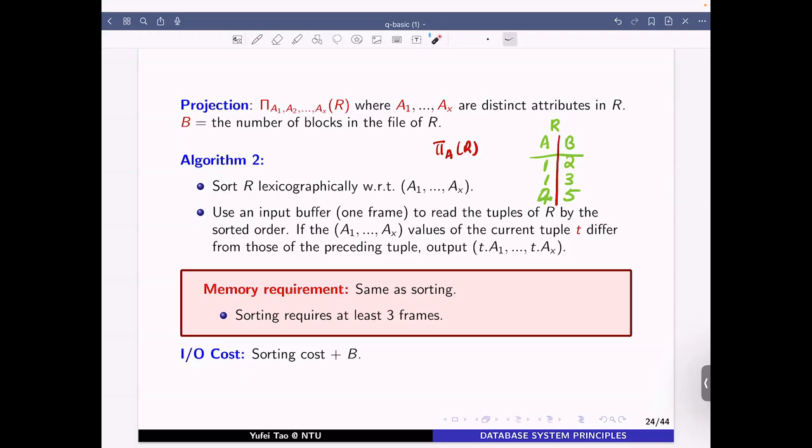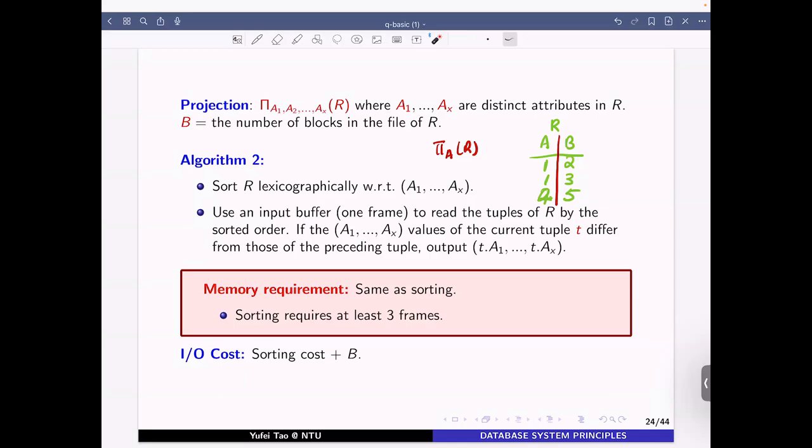It suffices to compare the next tuple to the previous tuple. This is the only thing you have to do. So basically, you only have to keep one tuple in main memory for comparison, and then you can read the next tuple. Therefore, the second pass requires basically just one frame of memory.